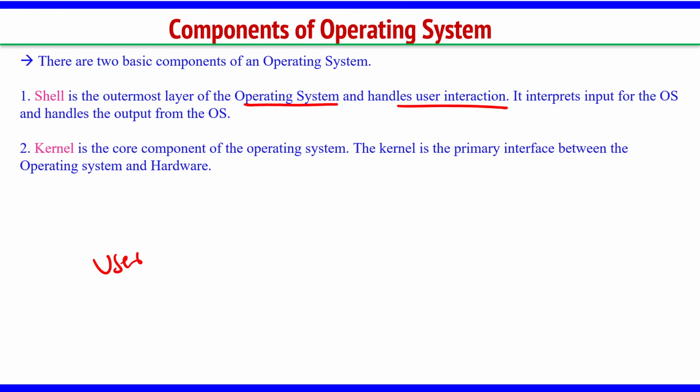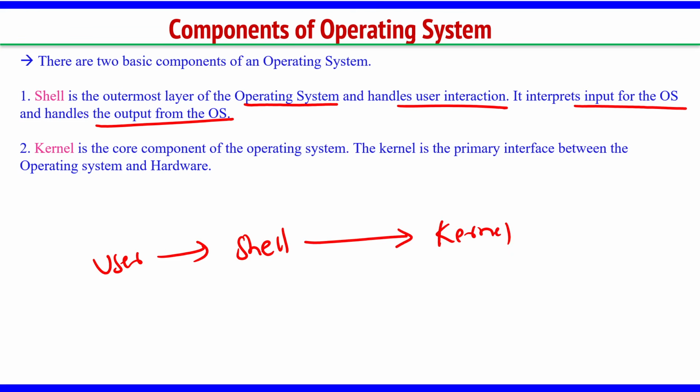It interprets input for the OS and handles the output from the OS. Whatever the user is telling is given to the kernel, and whatever the kernel gives in response is understood by the shell, which gives the response back to the user.